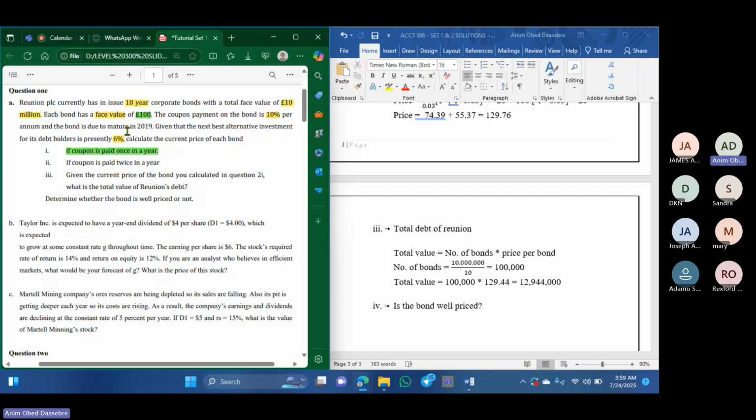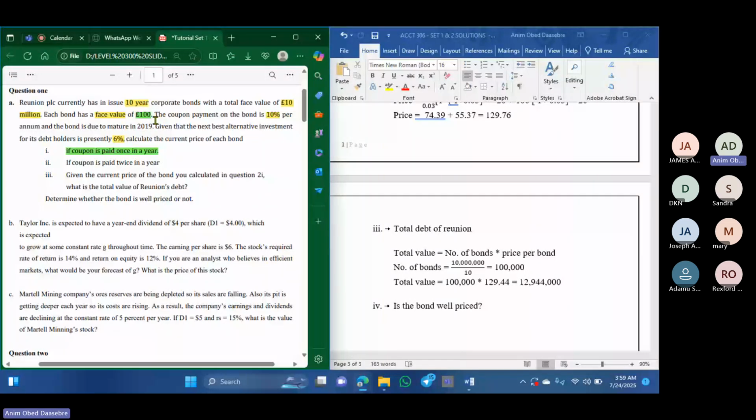There is a relationship between the coupon rate, the 10%, and the bond price itself. When you check and see that the coupon rate is greater than the yield to maturity, definitely the bond price will be greater than the face value, or the par.